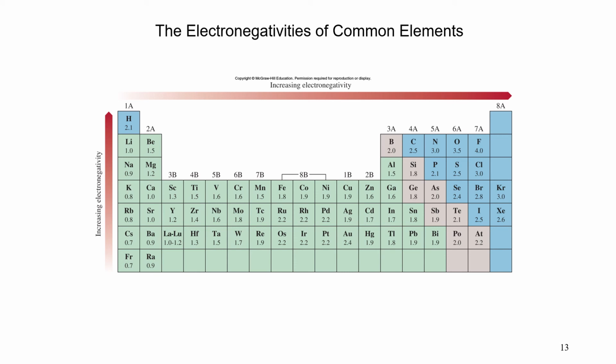And we did discuss this electronegativity trend in chapter 8, but here's a reminder that when we move from left to right across the periodic table, electronegativity increases, and when we move from top to bottom in a family, electronegativity decreases.